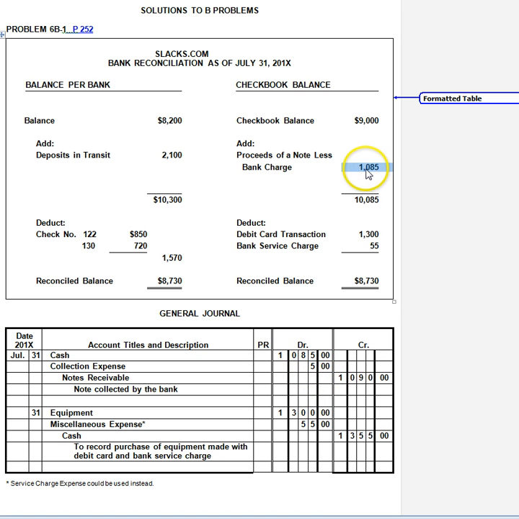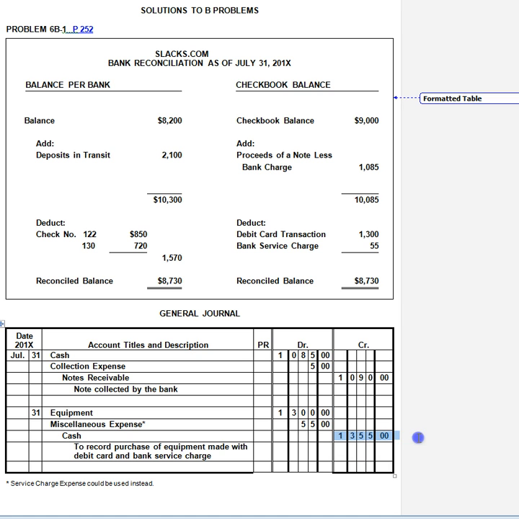So that if you posted, right, a 1085 debit to the cash account, it would bring it up to $10,085. And then the two credits to cash, you can see here, add up to $1,355. Those are two deductions, and you can see that the cash account is in fact credited.